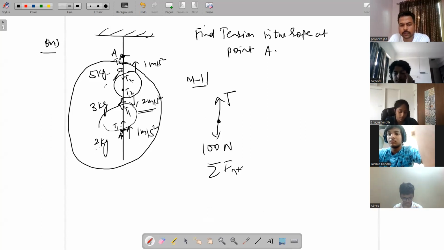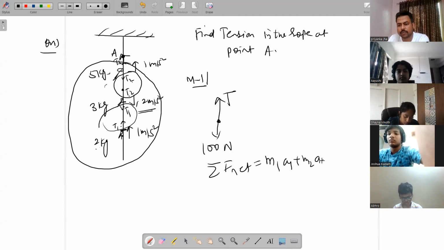Net force is mass of 1 into acceleration of 1 plus mass of 2 into acceleration of 2 plus mass of 3 into acceleration of 3. Suppose you take plus y upward as positive and downward as negative.